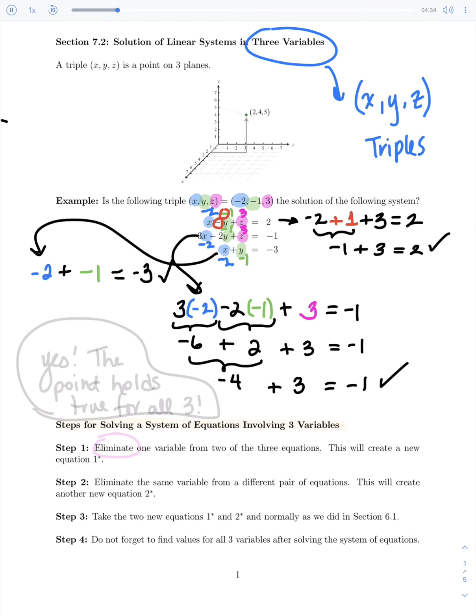All 3 equations are satisfied for this point, which means, is it a solution? Yes. The point holds true for all 3. Had it been off for even one of them, we would have said no.